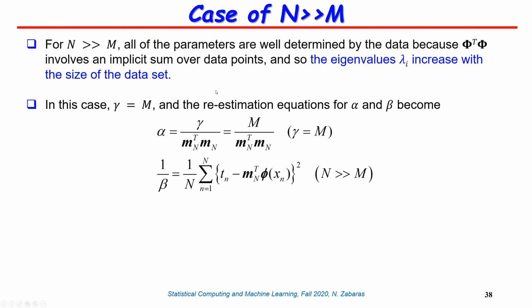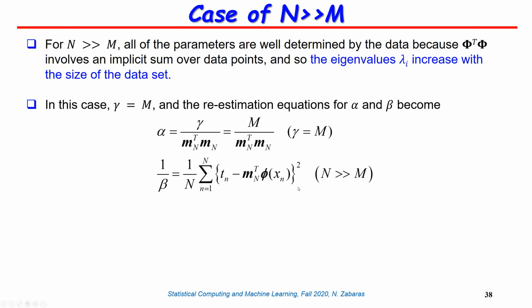And it turns out in that case, when you look at the re-estimation equations for alpha and beta, you don't have to do any iterations. If you put gamma equal to m, you get this nice equation. Here we're supposed to have 1 over n minus gamma, but n is much bigger than m, so we have 1 over n.